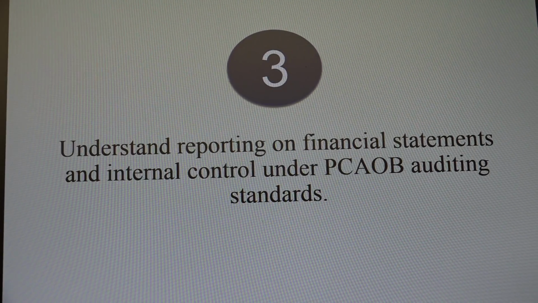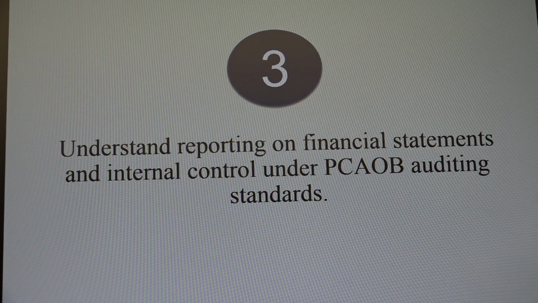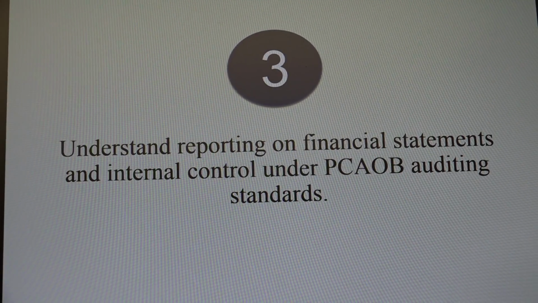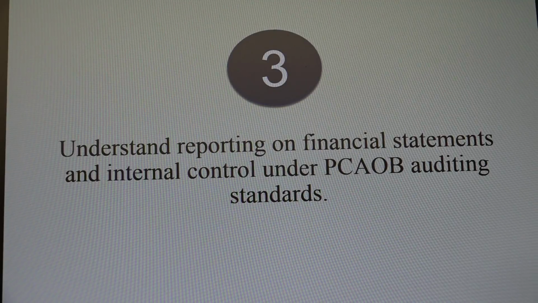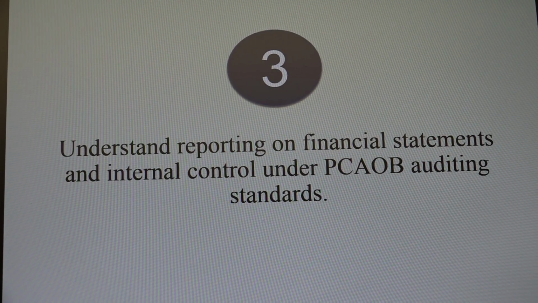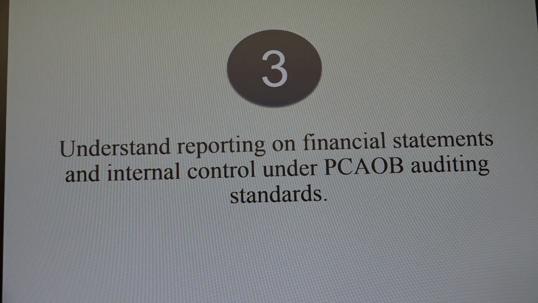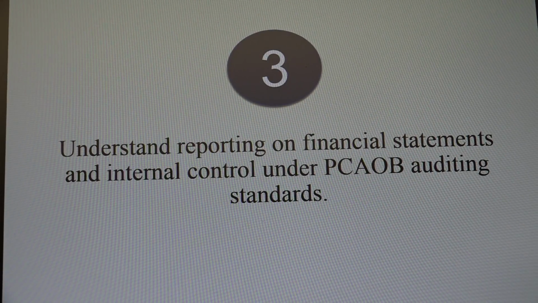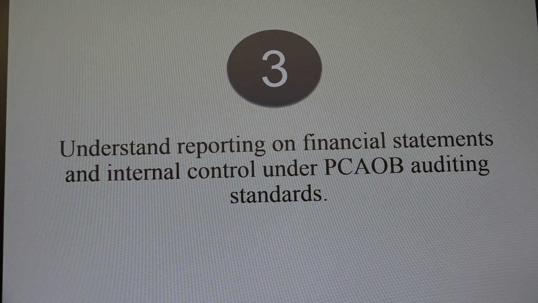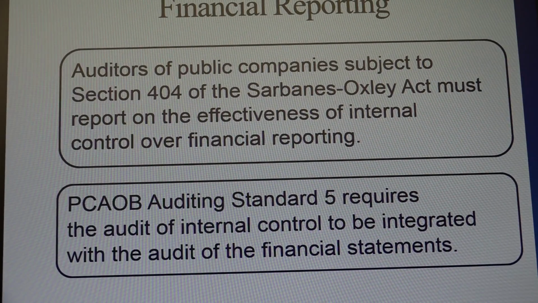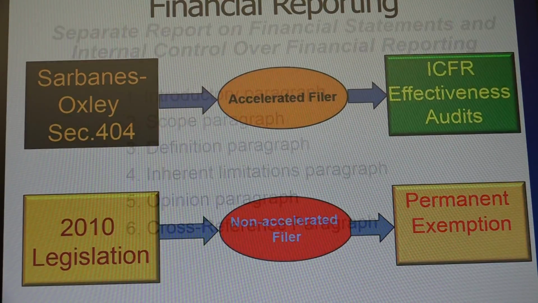PCAOB requires the accounting firms who audit public companies to issue an opinion not only on whether or not the financial statements are fairly stated, but also an opinion on the adequacy of internal controls as well. So a little bit different type of opinion.